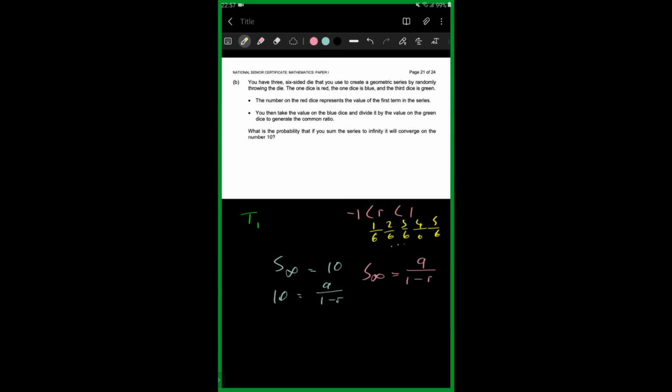So for it to converge on the number 10, we know that a has to be a certain number, and then r has to be a certain number also. But the one thing we can do is a can only be one of 6 numbers. That's what we know. r can be multiple values, but let's see what we can do.